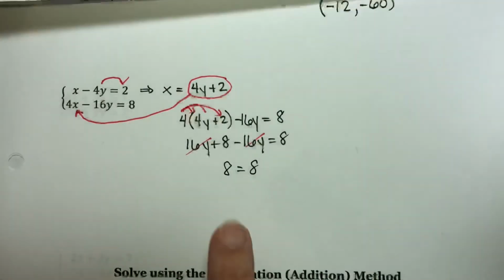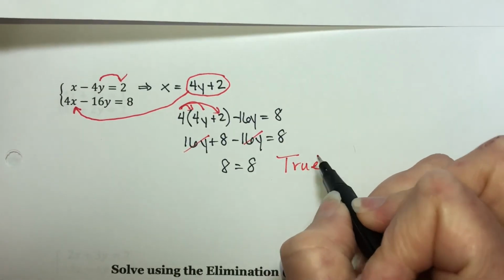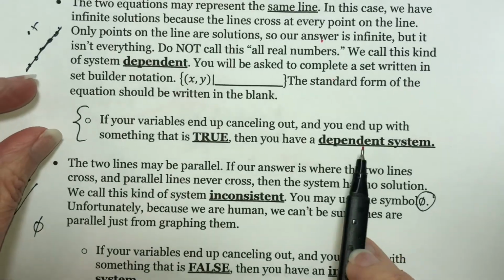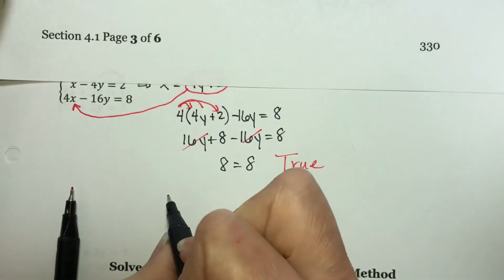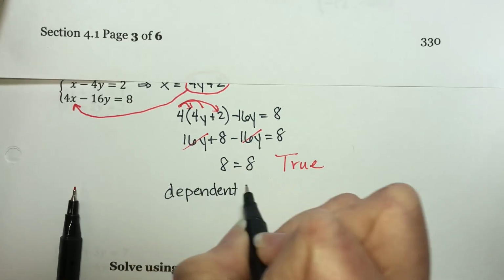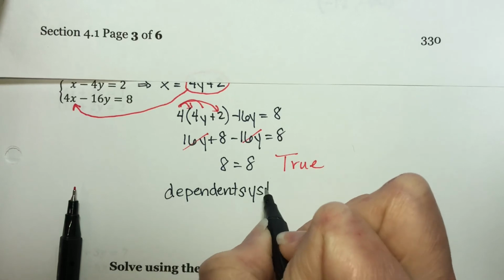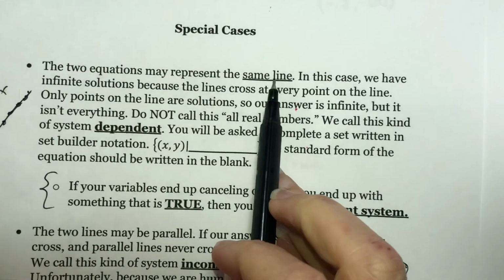So we look at what we had left: 8 equals 8. Well, 8 does equal 8. That's a true statement. So that means our answer is dependent, which means that these two equations are the same line.